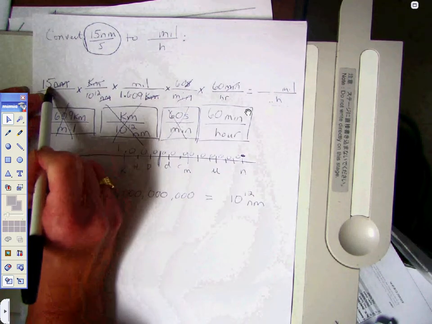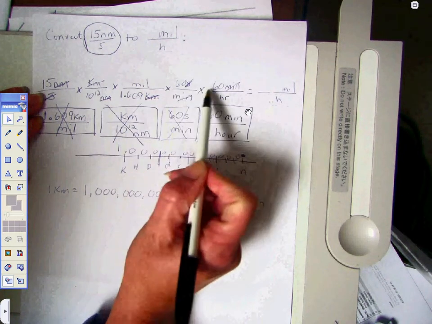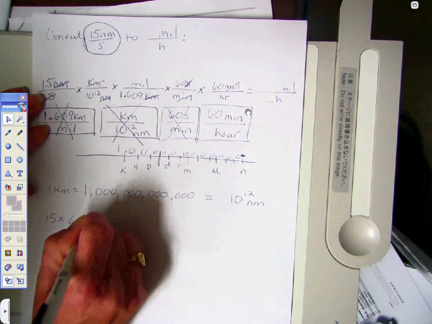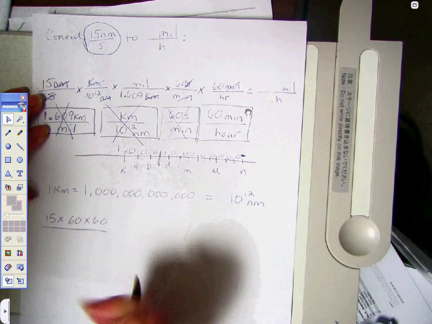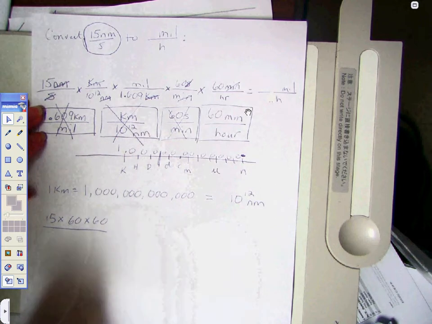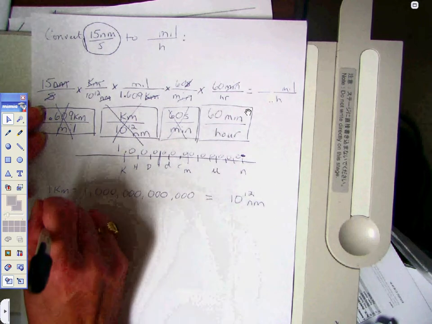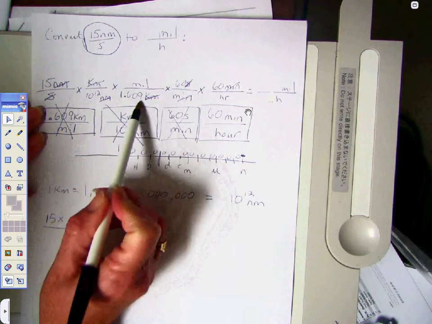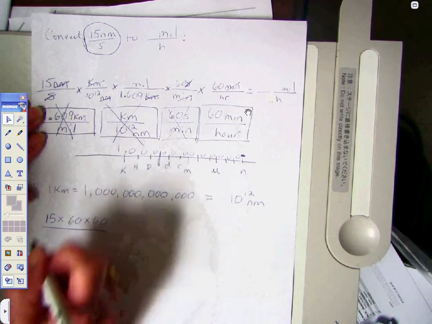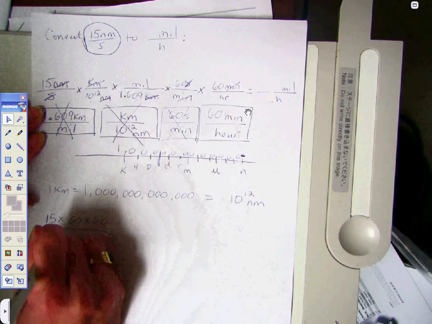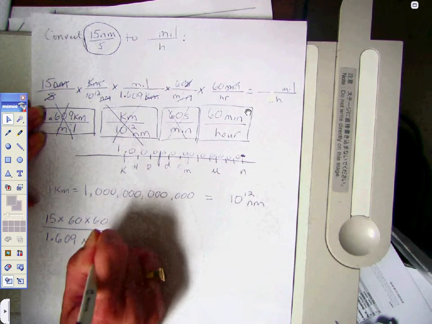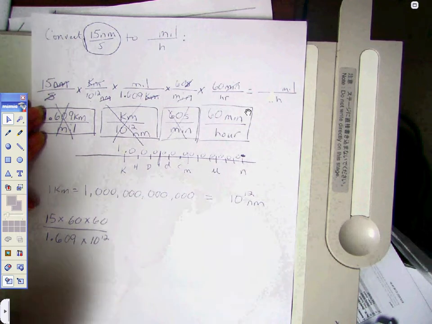On top, I have 15 times 60 times 60. On the bottom, I have 10 to the 12th times 1.609. And I'm just going to rearrange that to say 1.609 times 10 to the 12th.